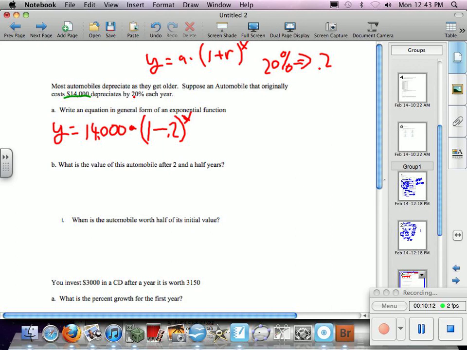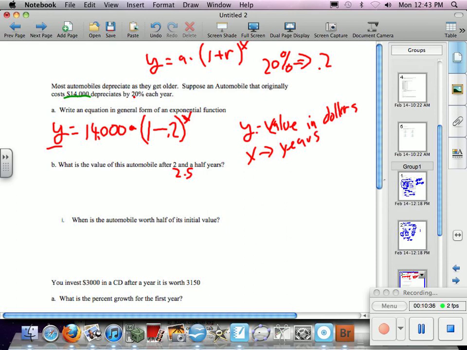Well, 2.5 years, so that's 2.5. Now, let's think about this. If y equals the value of the automobile in dollars, and x is years, okay?